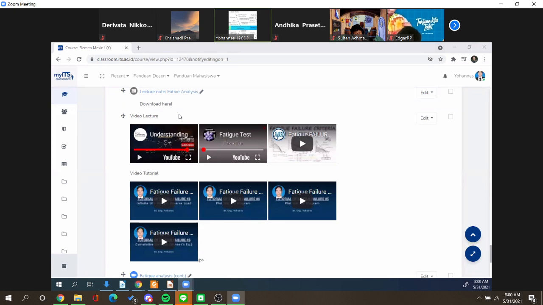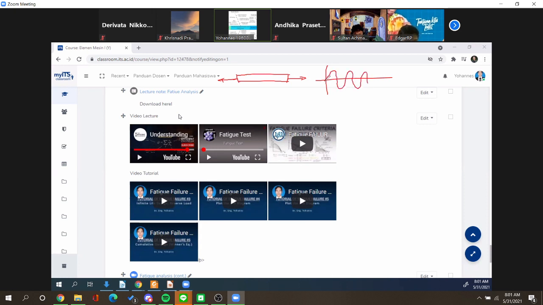Okay, so for one type of loading, specific loading. It can be axially loading like this and fully reversed.